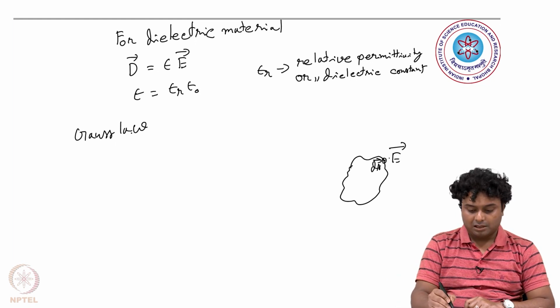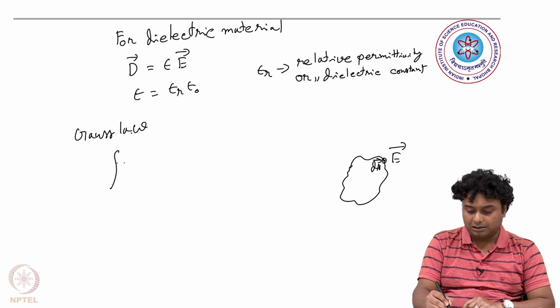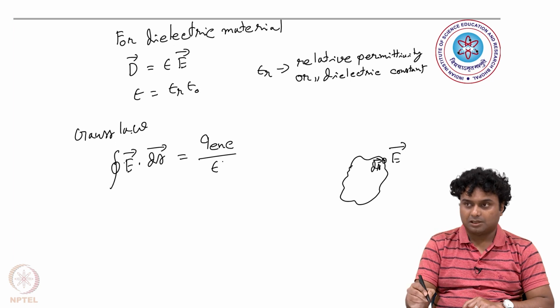Now according to the Gauss law, the surface integral of E dot ds is equal to the charge enclosed q divided by epsilon.